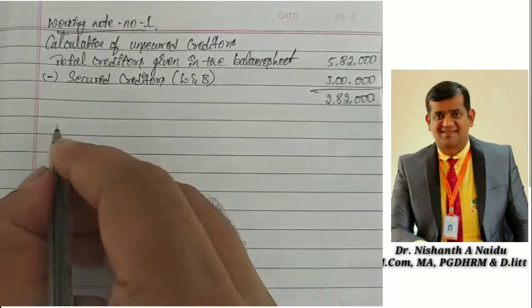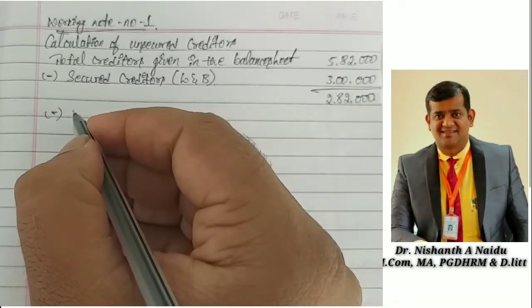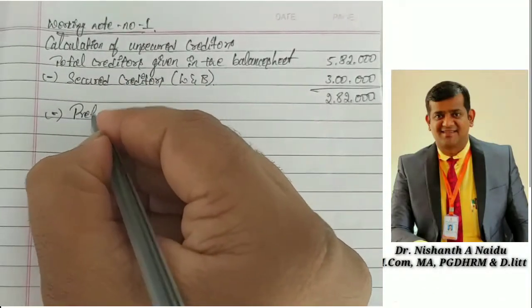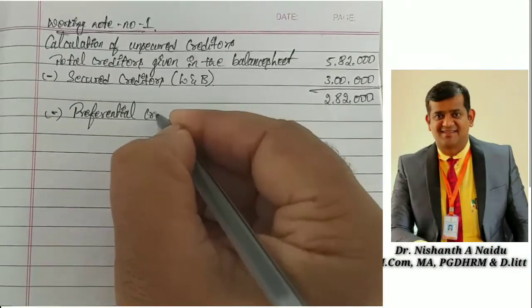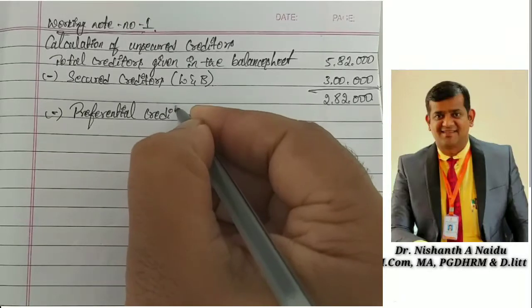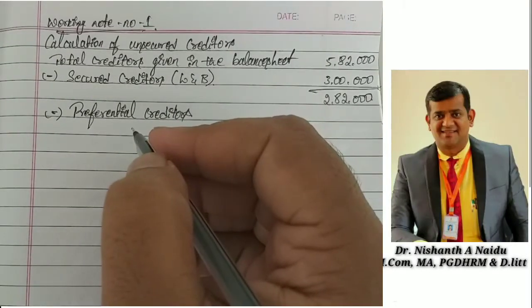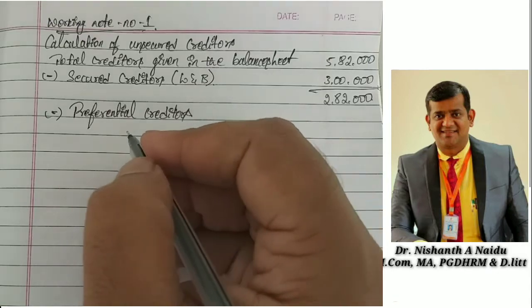Okay, next is less preferential creditors. In the problem he says preferential creditors amounted to rupees 1,20,000.